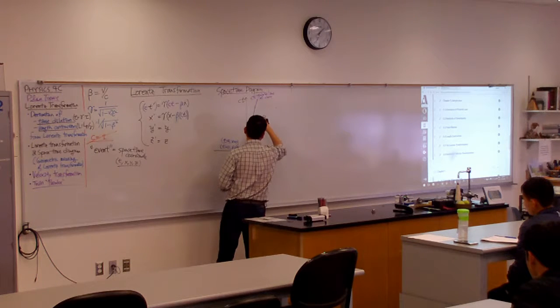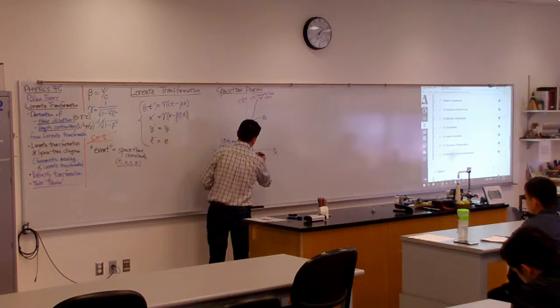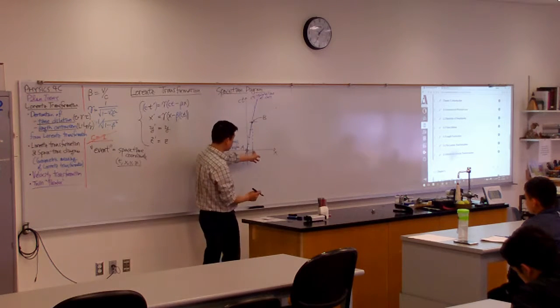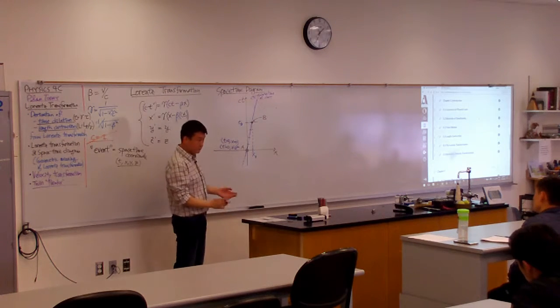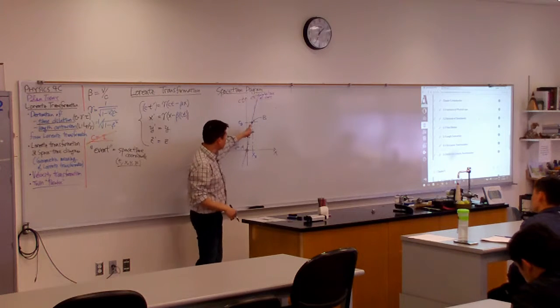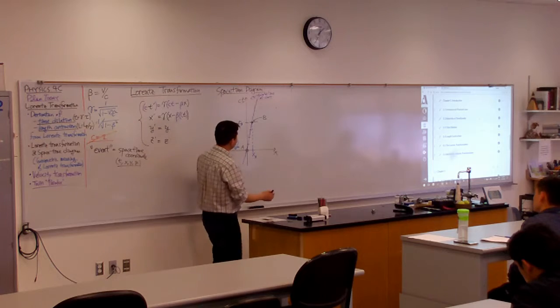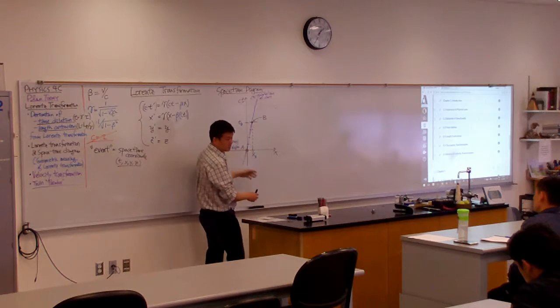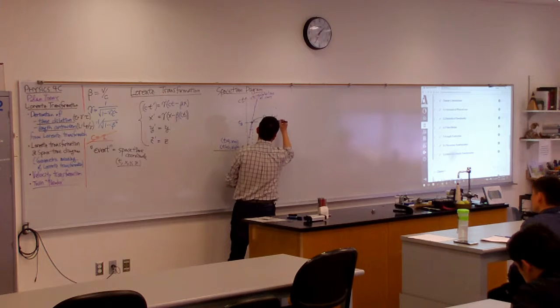So I can choose to describe this point B by my x coordinate, let me call that xb, and the time, tb coordinate. I can do that. Or I can describe B by the primed coordinate, so this would be some kind of t prime b.